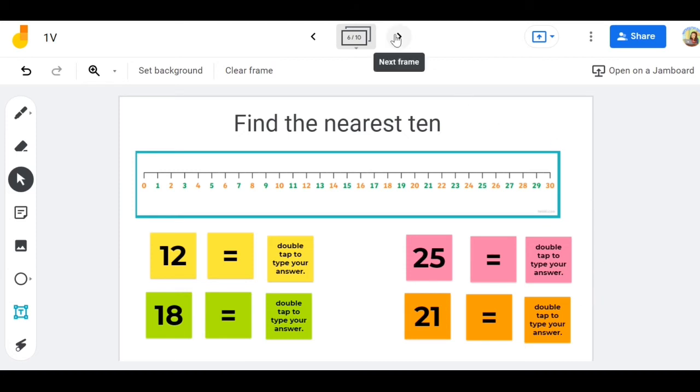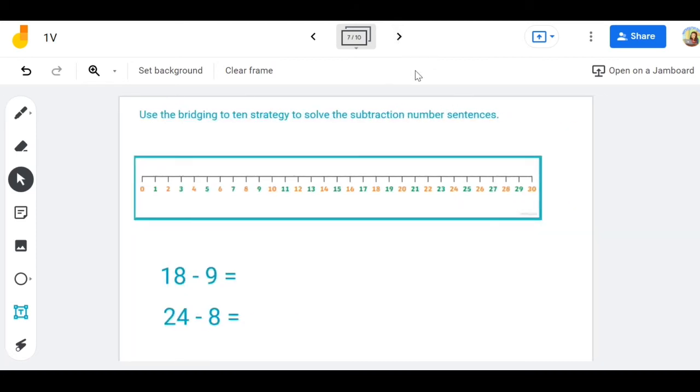Okay, next page. So this time we're going to use the bridging to 10 strategy to solve the subtraction number sentences. Okay, so again, we've got our number line to help us, and we've got two different number sentences. So we've got 18 minus 9 equals, and 24 minus 8. So I want you to try and use the bridging strategy.